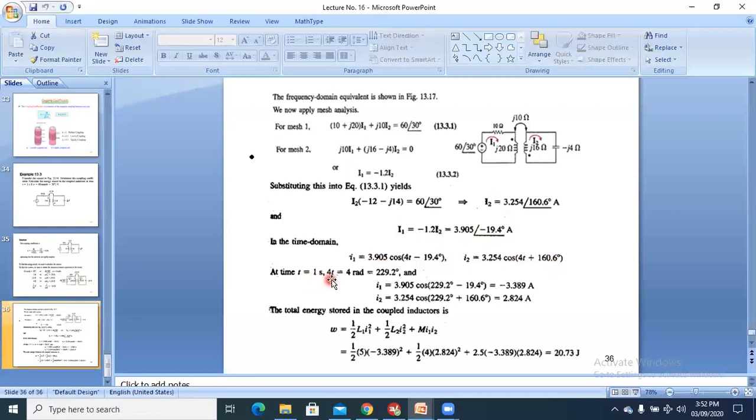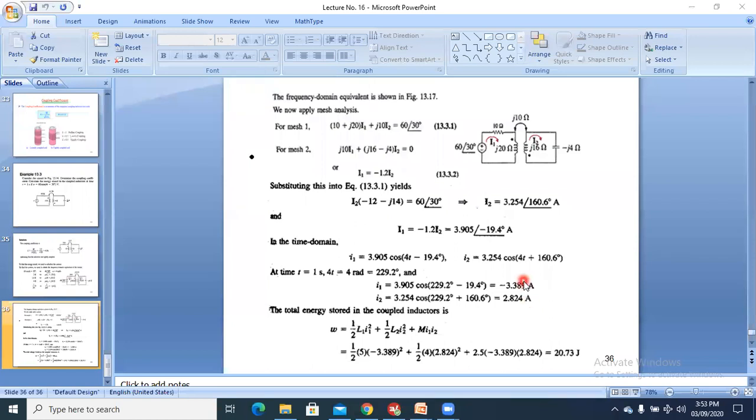So 4t, omega is 4, so 4t is equal to 4 radians, and 4 radians when converted into degrees is 229.2 degrees. So we have the value of I1 is minus 3.389 ampere and the value of I2 is 2.824 ampere.